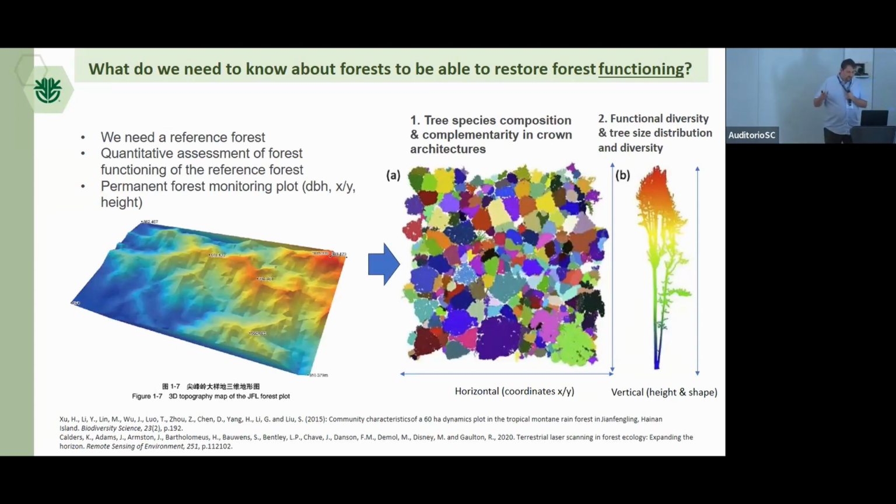Based on that information, we can get tree species composition. Complementarity in crown architecture, as you see in here, is something separately to be assessed, and I'll talk about this in a minute. Then functional diversity and tree size distribution are related to functional traits of individual trees. And I explain this also in a minute.